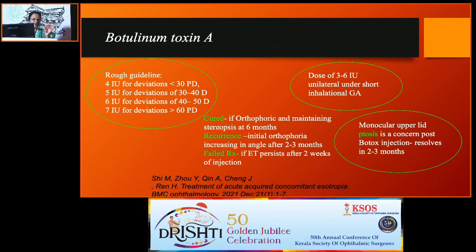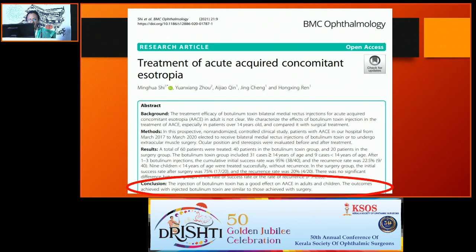So only if you have a group of patients to be injected is that a viable option, and the dose is calculated depending on the amount of deviation. Ptosis is the commonest problem. There are many reports in the literature which showed the efficacy of botulinum as good as the surgical outcome.